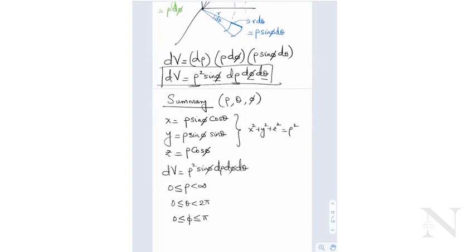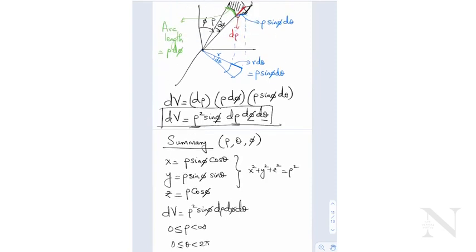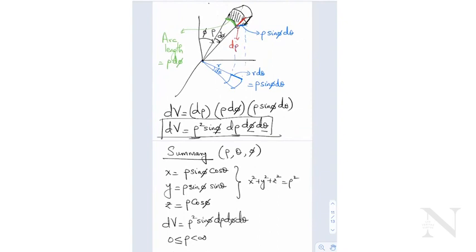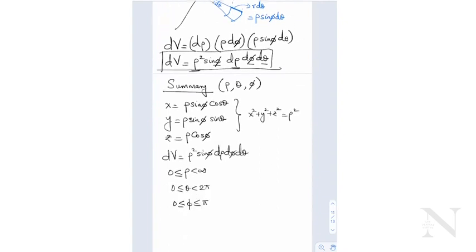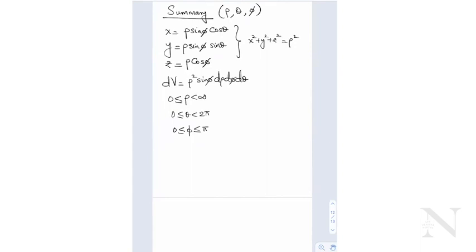Any questions about any of these concepts before we start doing some problems? Do you know what the volume of a sphere of radius r is from your high school, middle school?